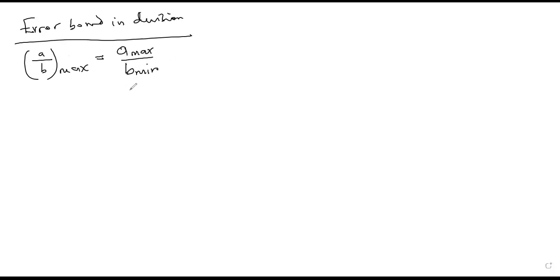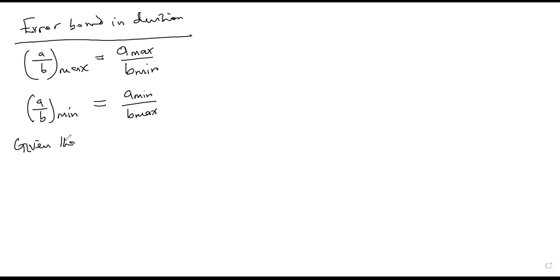This one will always give you the maximum error. And to get the minimum value of A over B, the numerator is small and the denominator is big. When you divide a small number by a very big number, you get a generally small number.